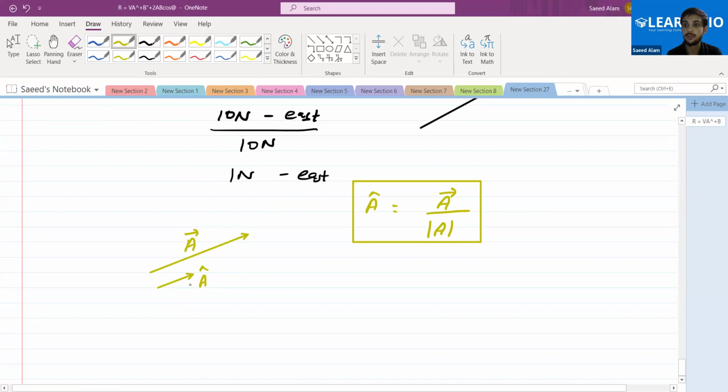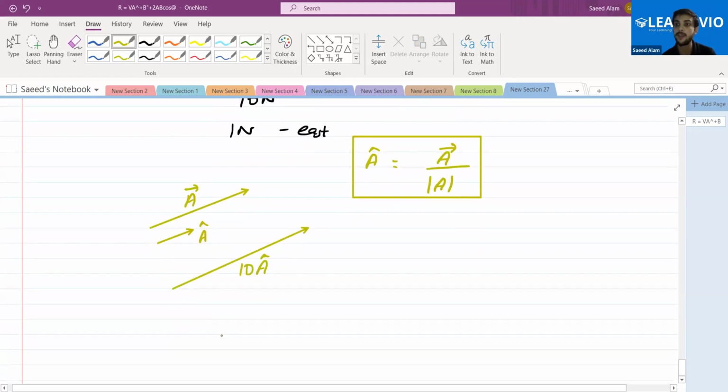Suppose I want a vector of magnitude 10 in the direction of A. What will I do? I'll take the unit vector A cap and multiply it with 10. Understood? This is the actual use of the unit vector: I can take a vector of any magnitude.